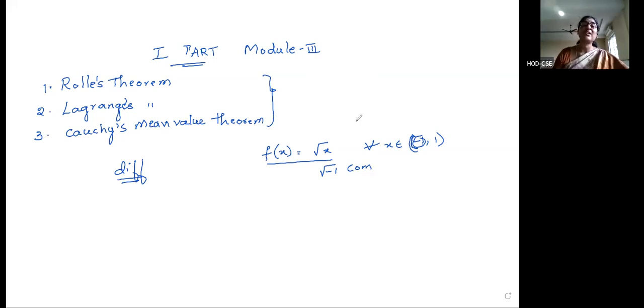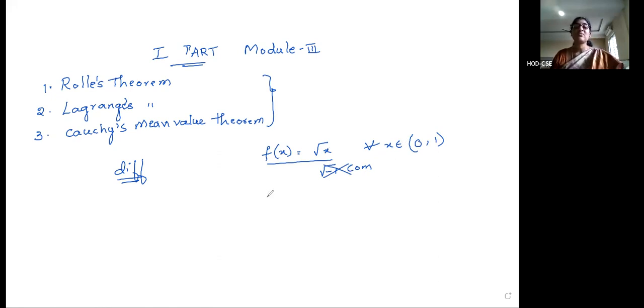So we'll better take the starting point as 0, so that we may not get confused. Suppose the interval 0, 1. Between 0 and 1, whatever point you substitute, suppose x is equal to 0, then f of x will be equal to 0.